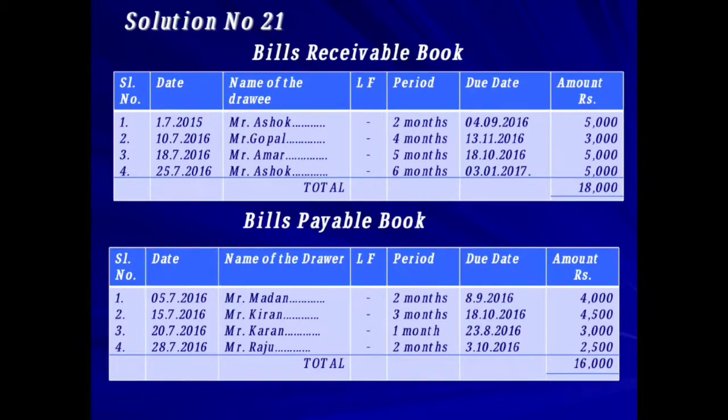Then for the due date, 7 plus 5 you will get the 12th month, December. So the due date is 21/12/2016, for rupees 5000.